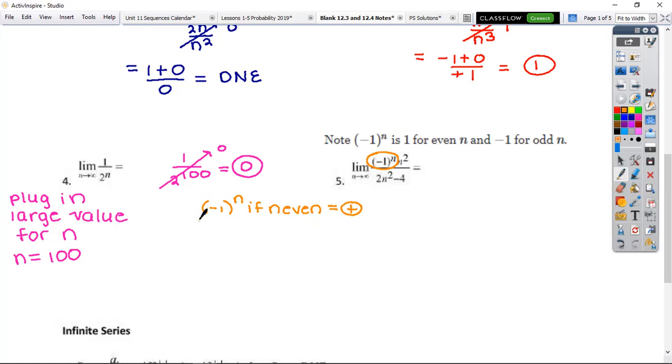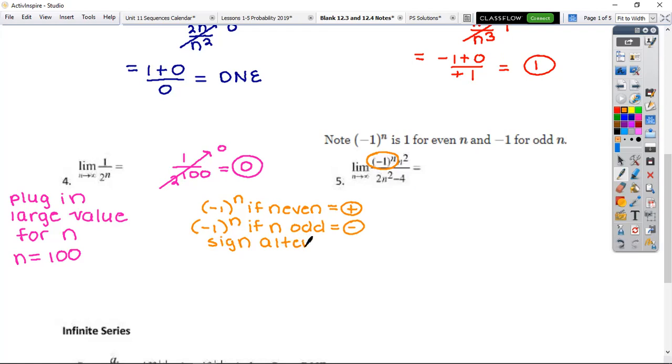And then if you have -1 raised to the n, but this time, if n is odd, then that's going to give you a negative value back. So for this case right here, your sign is going to alternate. So this limit works a little bit different.